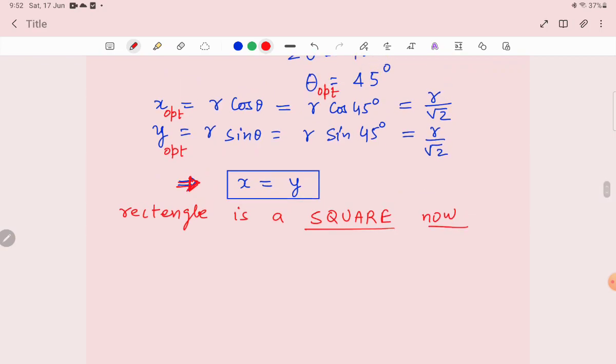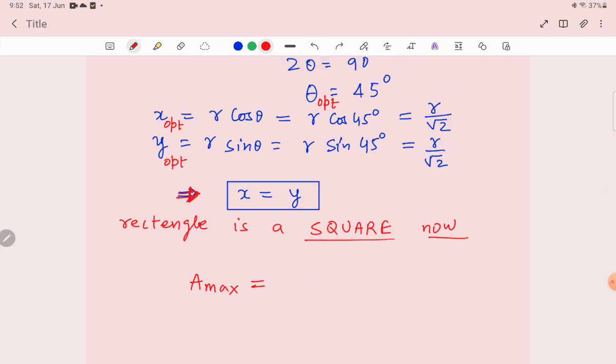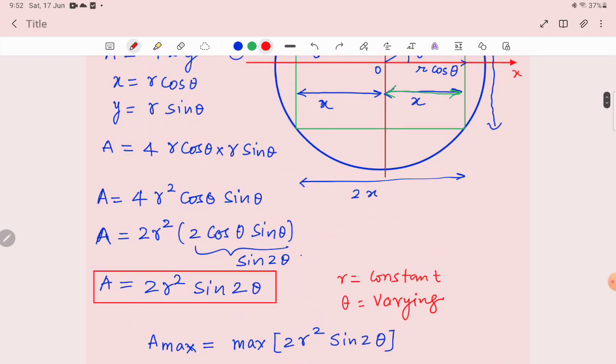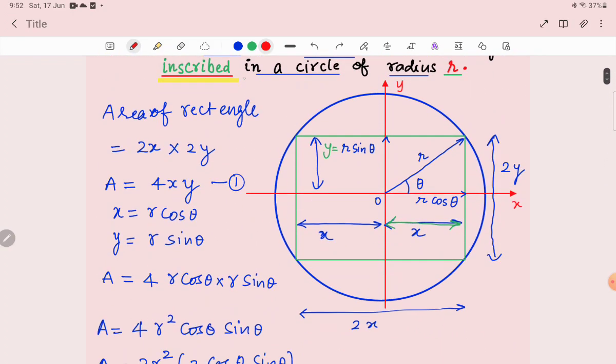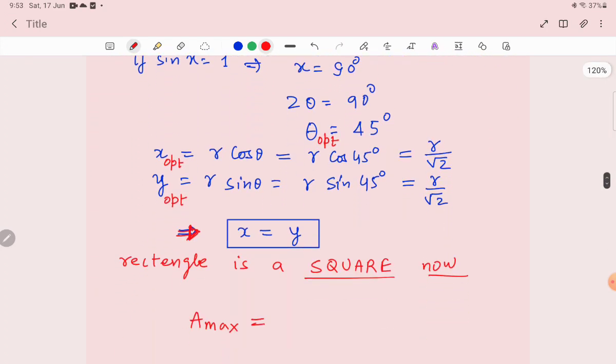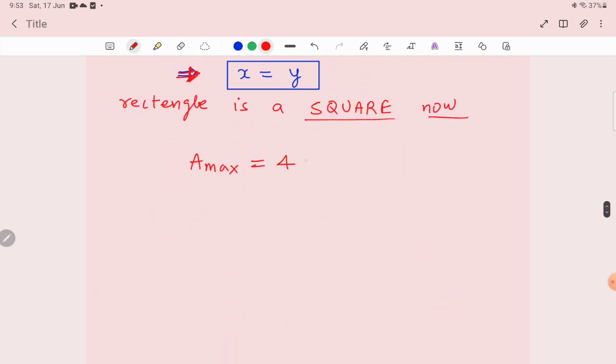Now we will find the final area. So what is the maximum area? From equation 1, if you remember equation number 1, what is the area? 4 times xy.